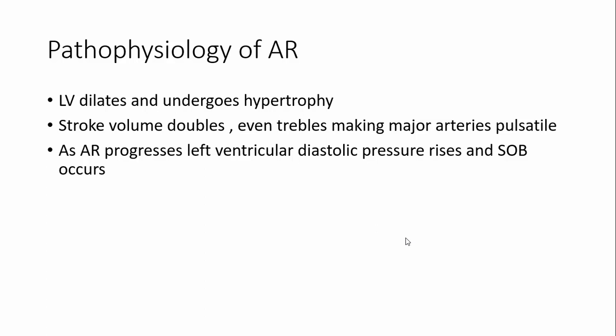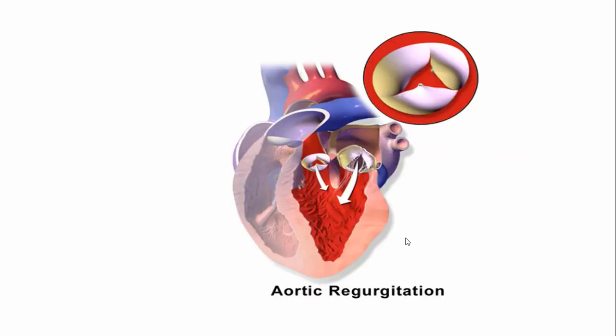For example, we can see prominent carotid pulsation in a patient with aortic regurgitation. As the aortic regurgitation progresses, left ventricular diastolic pressure rises and the patient starts having shortness of breath and the other symptoms of left heart failure.